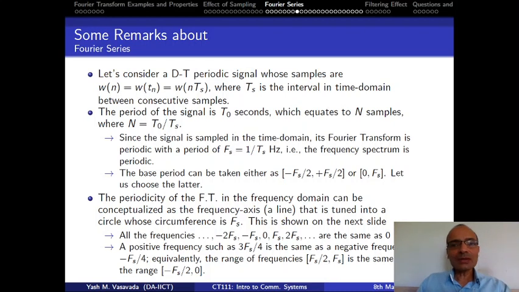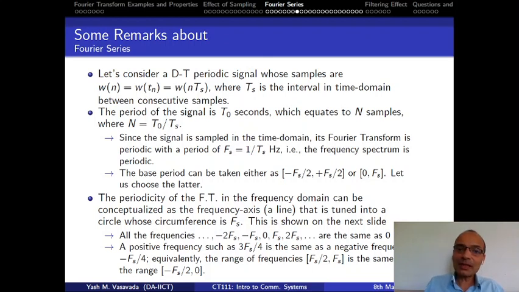Whenever we use the FFT function in MATLAB or in Python or in any other programming language, we necessarily are dealing with samples of a time domain signal. We cannot have a continuous time signal. So first of all, the signal has to be sampled at some sample rate or sample duration Ts. Second, our function in the computer cannot take an infinite number of such samples.